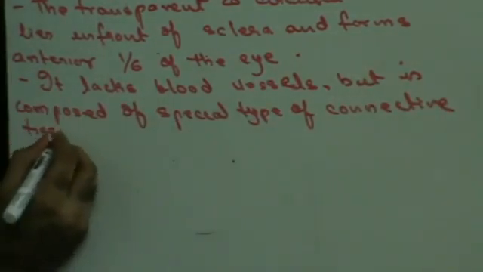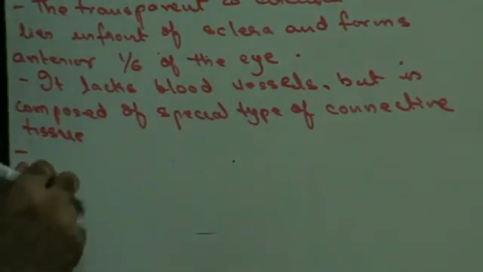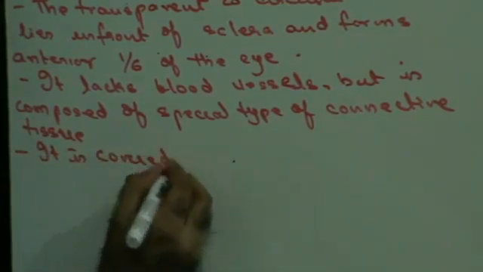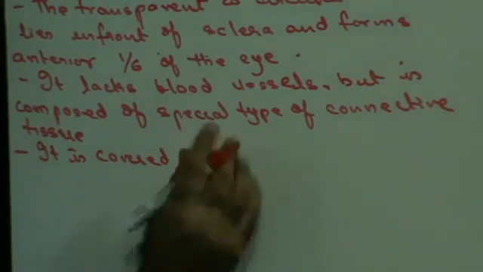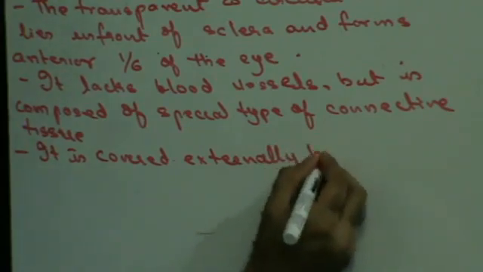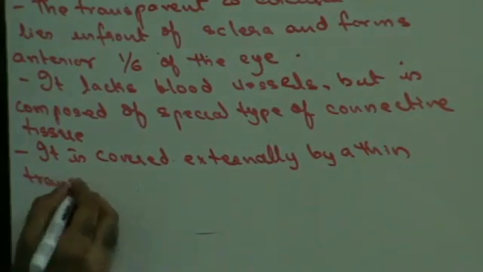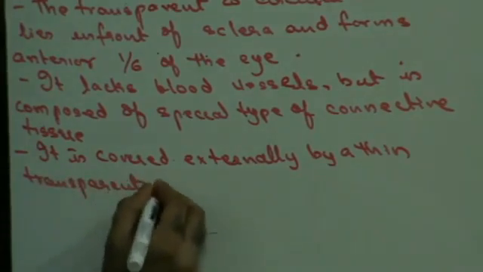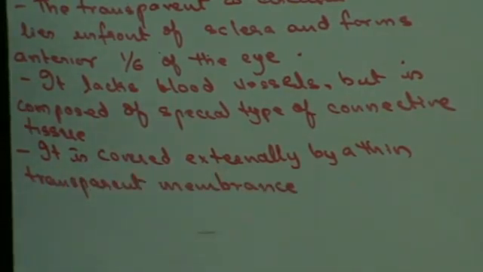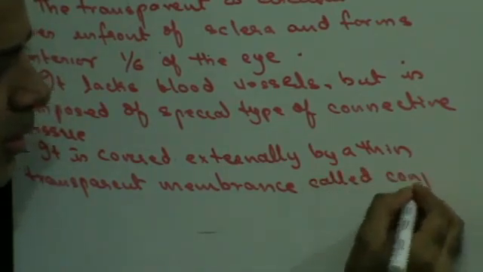That's what it is made up of. Next, it is covered externally by a thin transparent membrane called conjunctiva.